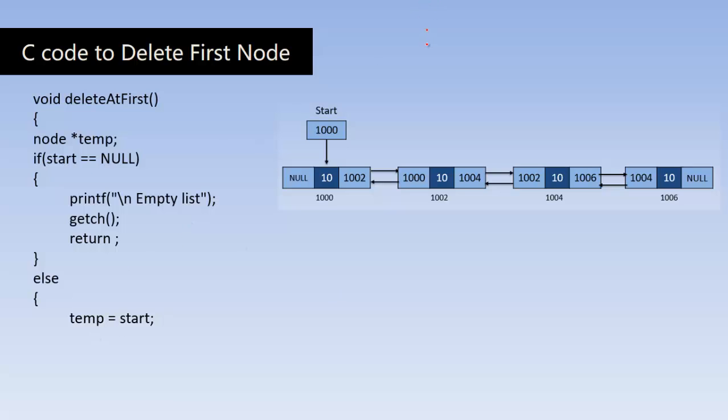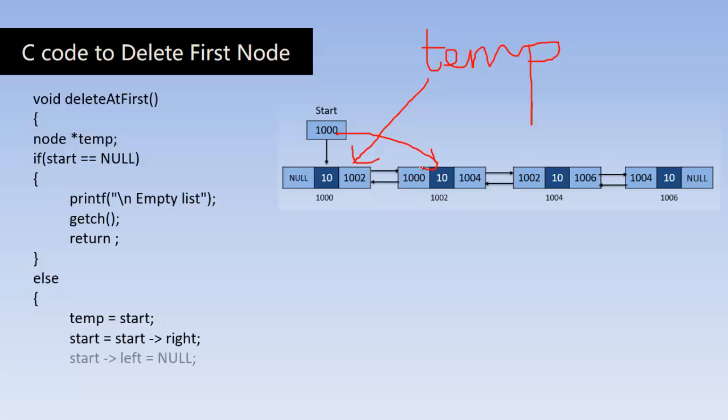I'll start by storing the content of start inside temp, thereby making temp point to the first node, and start of right inside start, right? What is start of right? The address of the next node. So this will point here. And start of left equals null. What is start of left? This thing. So I will store null here.